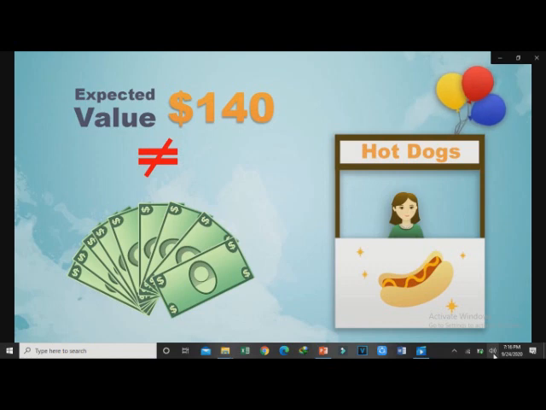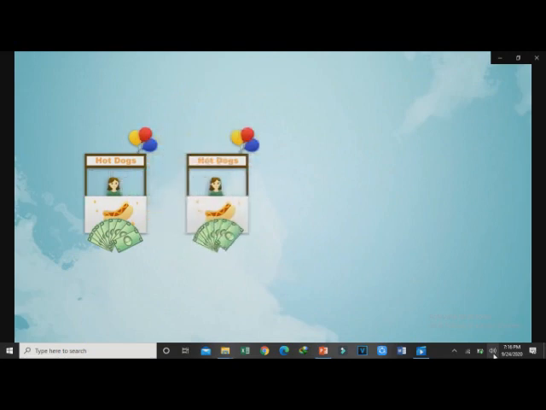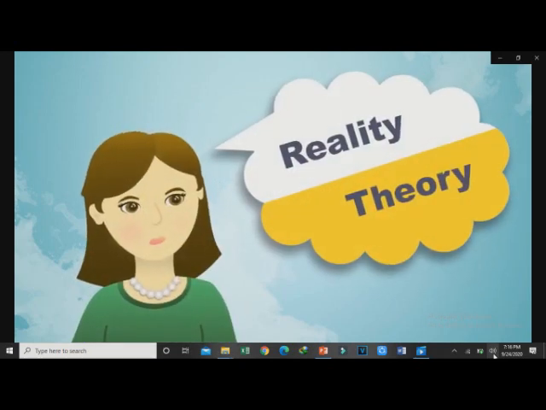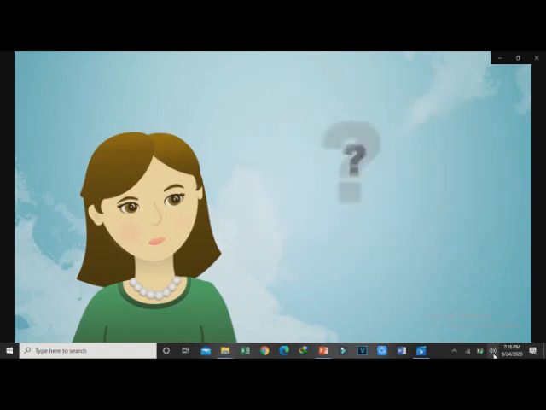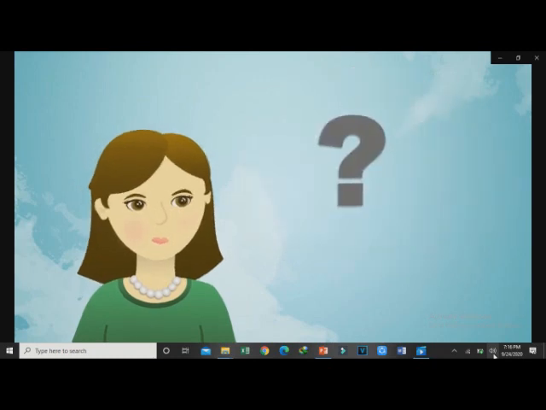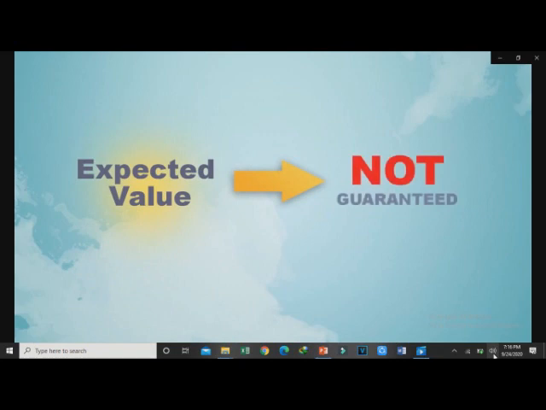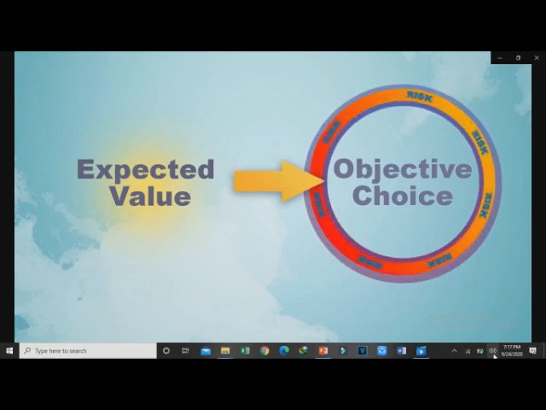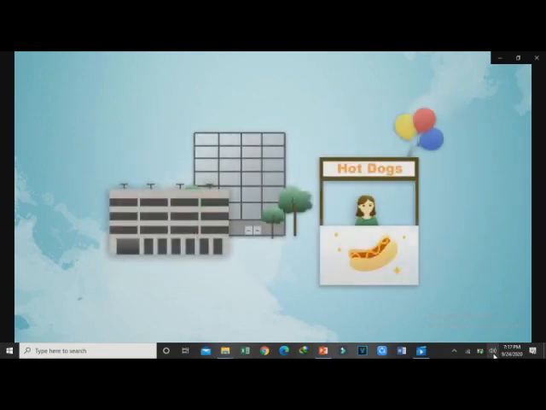It just means that based on the probability of success and potential earnings, the average result would be about that if you repeated the hot dog stand experiment many times under the same conditions. But there is no guarantee that you'll get an average result in the real world. So a decision tree like this one can't predict how much money you will actually make, but it can help you make an objective choice, especially when there are risks involved. It's one of the many tools you should have in your kit when you start a business, or anytime you're facing a tough decision.